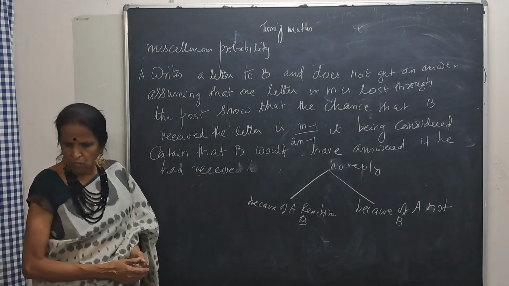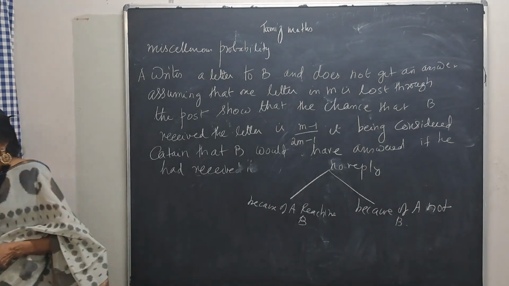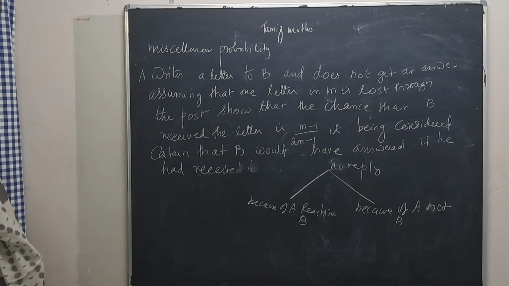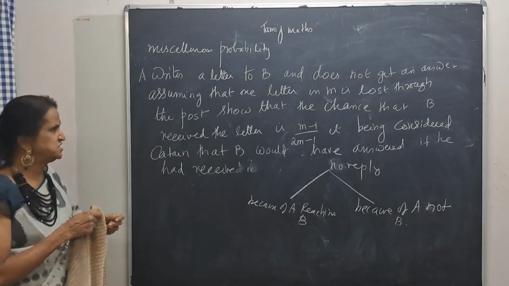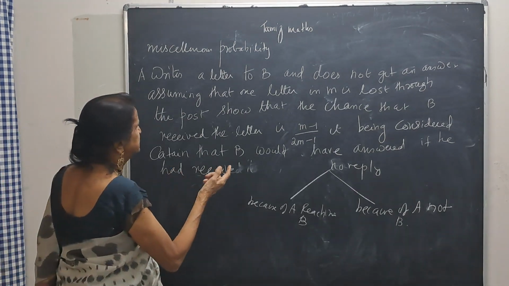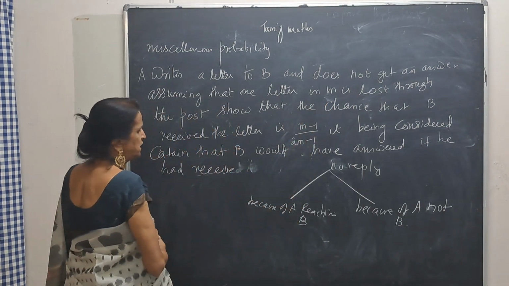Fine. Now, when you post the letter, the probability of it getting lost in the post is 1 by m. Why? He says one letter in every m letters is lost.